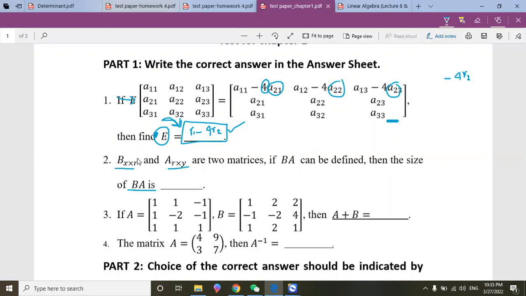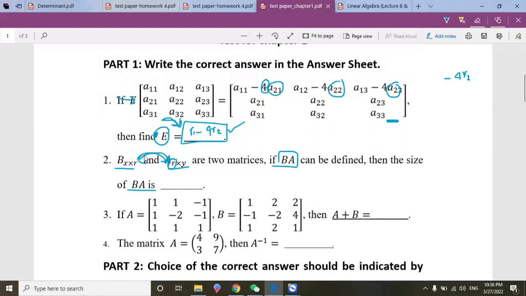And we have to look at the columns of the first matrix and the rows of the second matrix. These two need to be the same in order to multiply them.